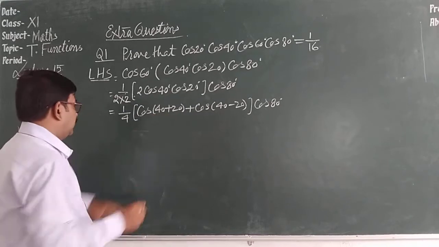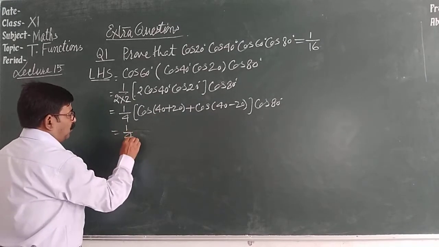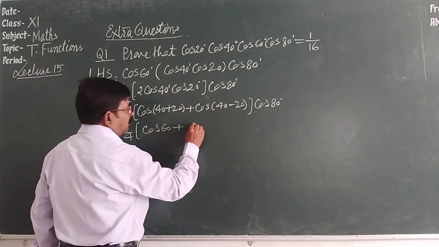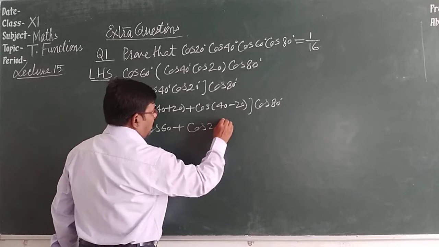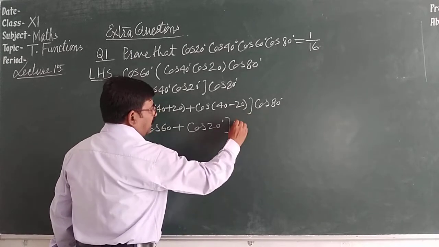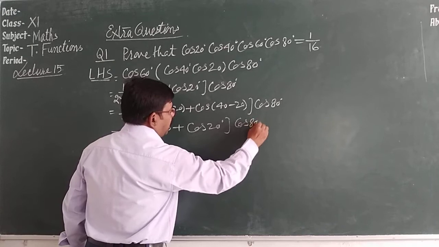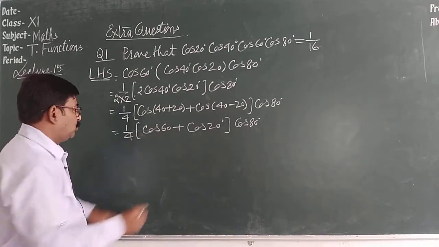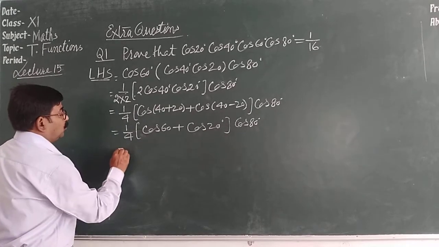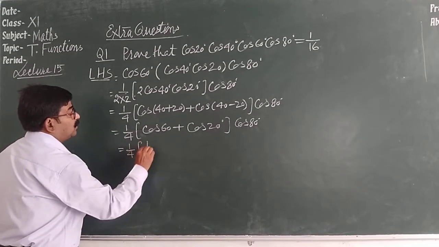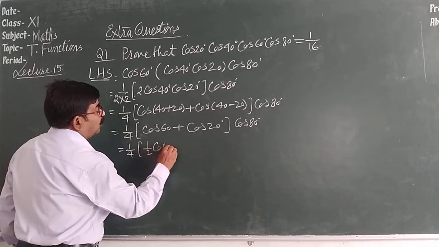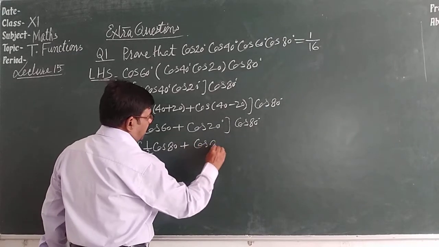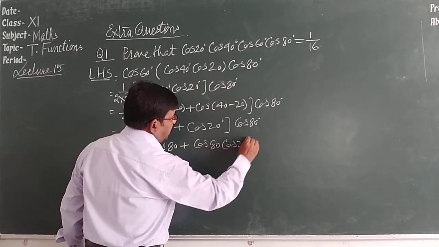This is cos 60. We can write 1/4 cos 60 degree plus cos 20 degree, 40 minus, multiply this cos 80 inside. So this is 1/2, cos 60 is 1/2. I am multiplying this 80 degree. So 1/4, this is 1/2 cos 80 degree plus cos 80 degree cos 20 degree.